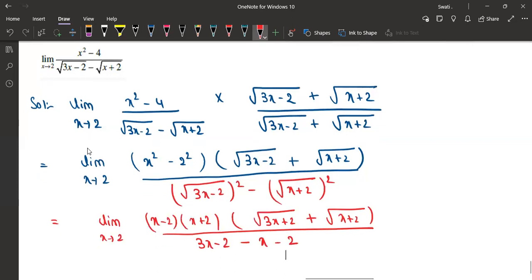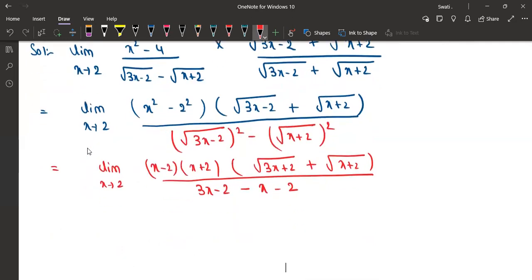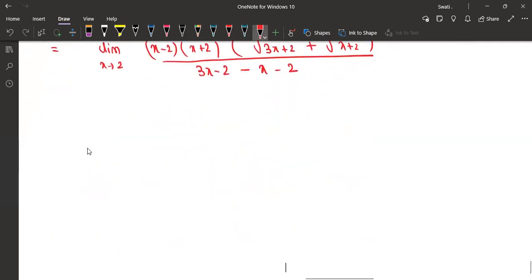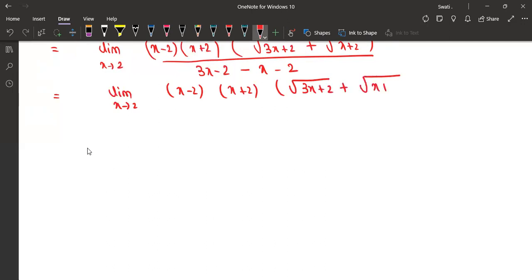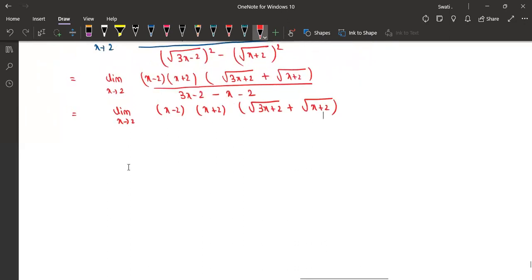So what next? Of course, I'm going to just solve the denominator here. So this will become limit x tends to 2 as it is. This is x minus 2 times x plus 2, and this is root 3x plus 2 plus root x plus 2 as it is, upon 3x minus x, of course, that is 2x, and minus 2 minus 2 is minus 4.